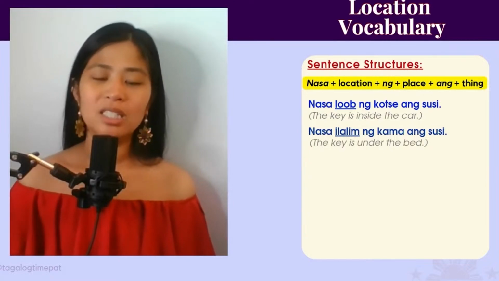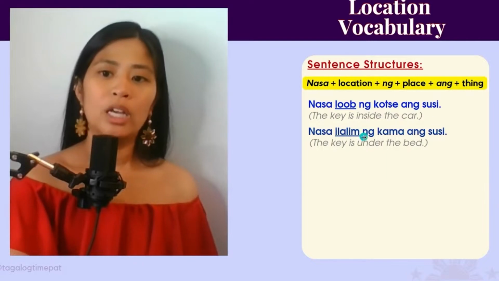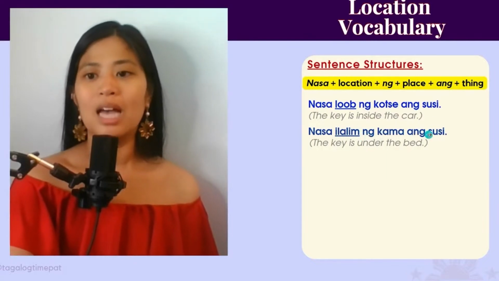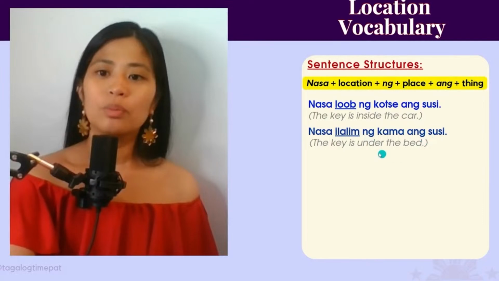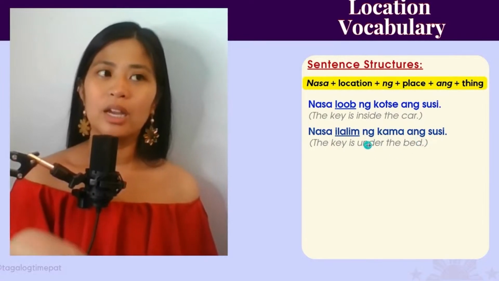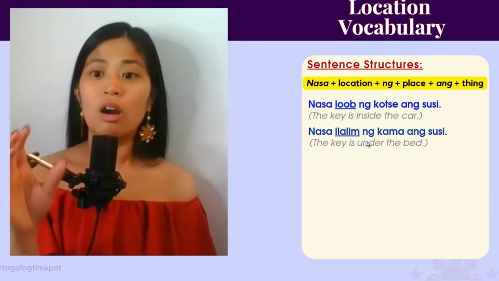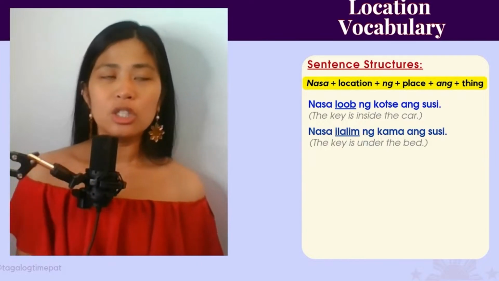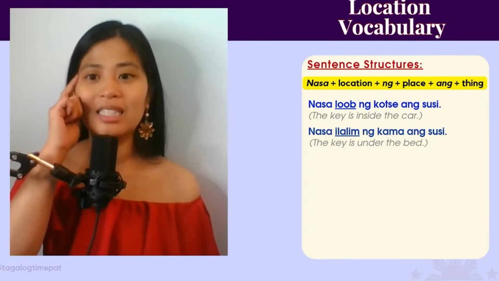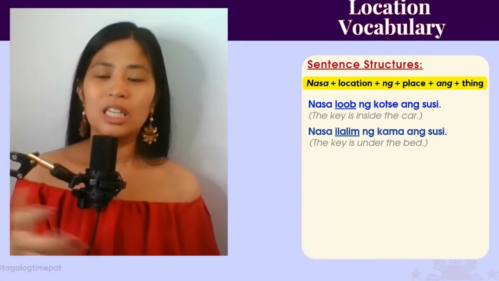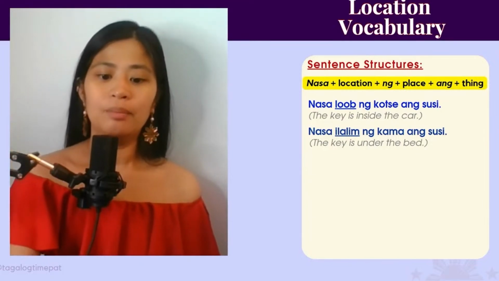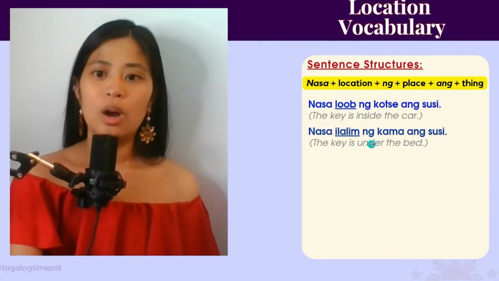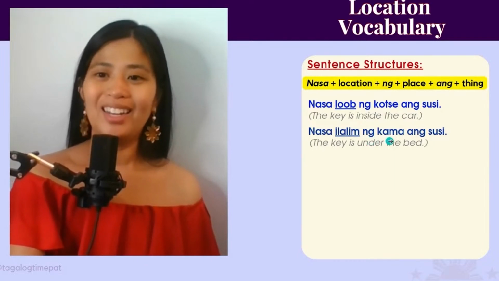So people ask me all the time, when do I use ng? When do I use ang? So these words, sometimes they are prepositions, sometimes they are articles that go before a noun. Just try to think about it as the translation. So the key is under the bed. So under of the bed, the key.